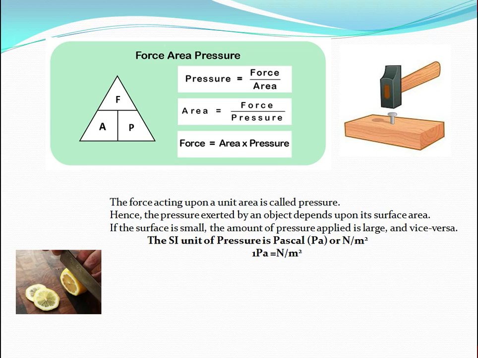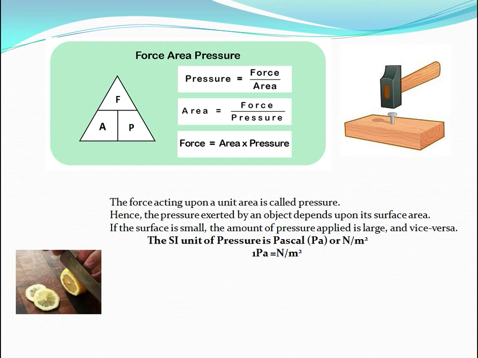Now we need to know the unit of pressure. What is the unit of pressure? The SI unit of pressure is Pascal. In the short form we can write it as Pa, that is capital P and small a, or we can say Newton per meter square.